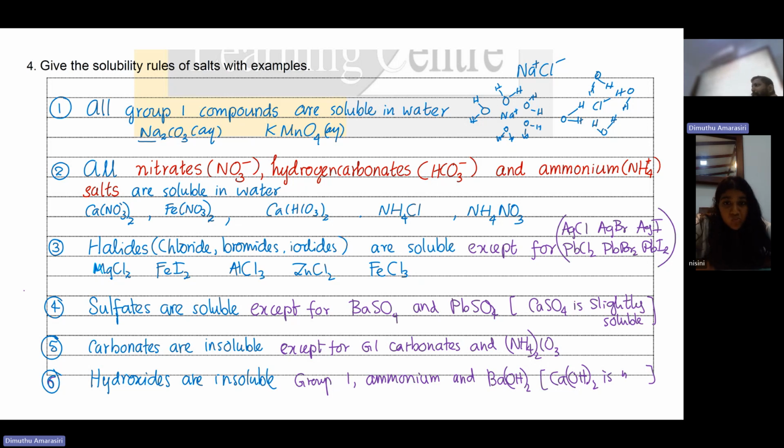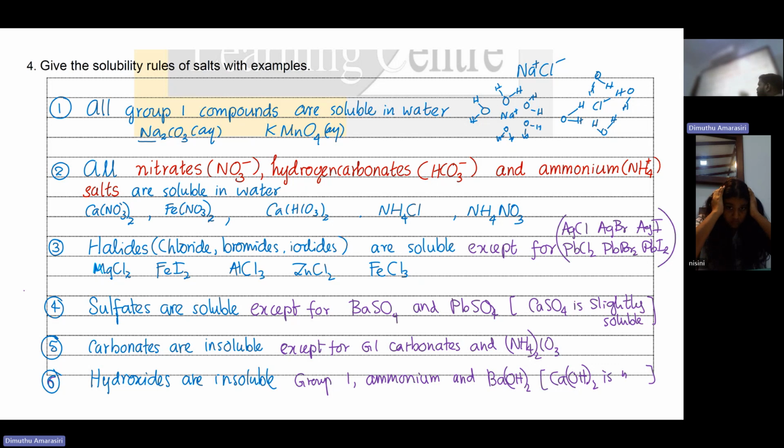Example, now is it a black and white rule? No. Did they say all halides? No. Halides are usually soluble. But there are some halides which are not soluble. We precipitate silver chloride, silver bromide, silver iodide as white, cream, yellow precipitates, same as lead salts.